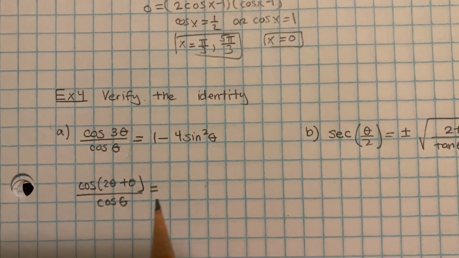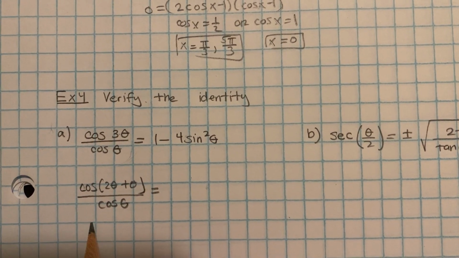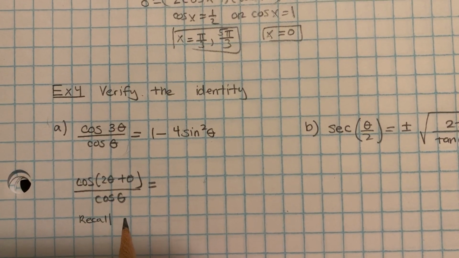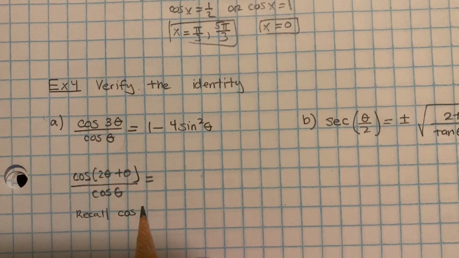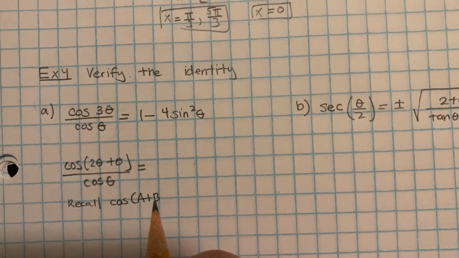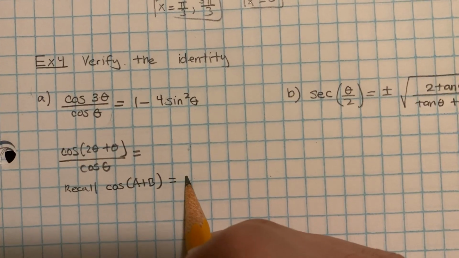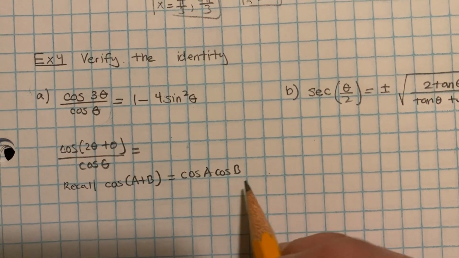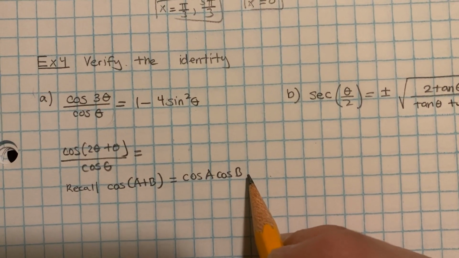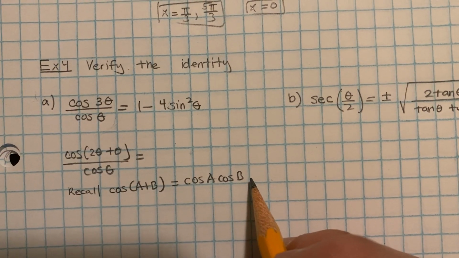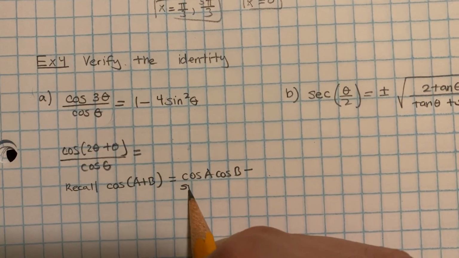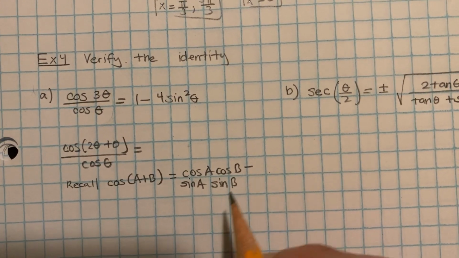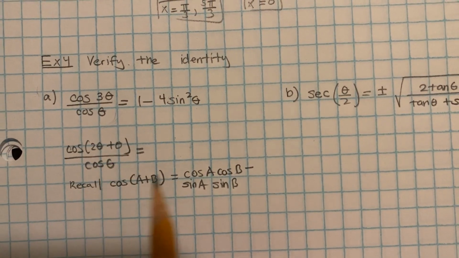Now, if you recall, the cosine of A plus B is cosine the first angle, cosine the second angle, and then there's a minus sign here in the middle, minus sine of the first angle, sine of the second angle. I'm going to apply that over here.